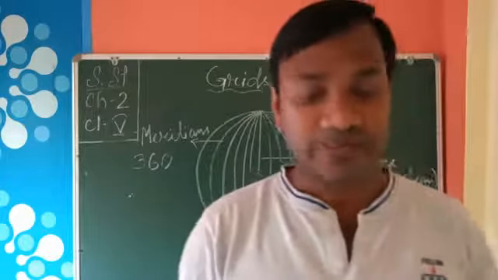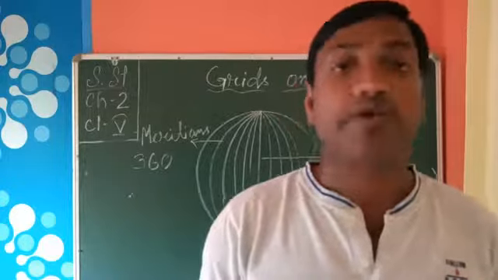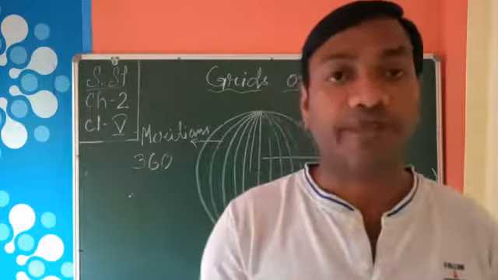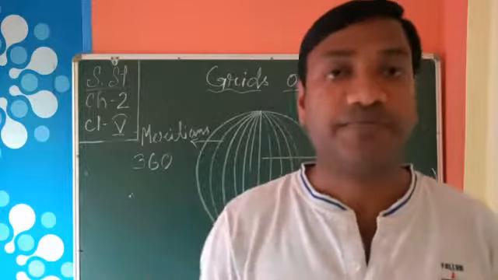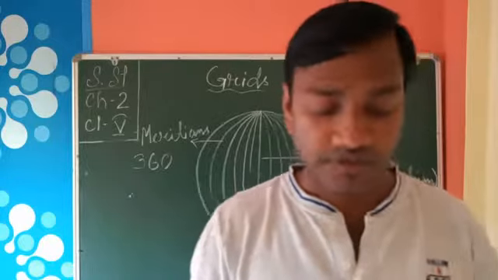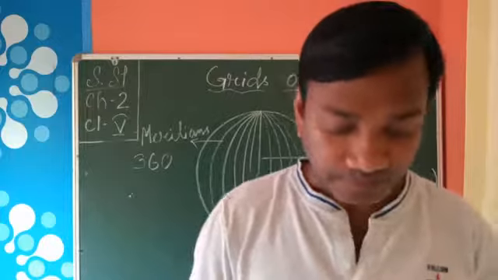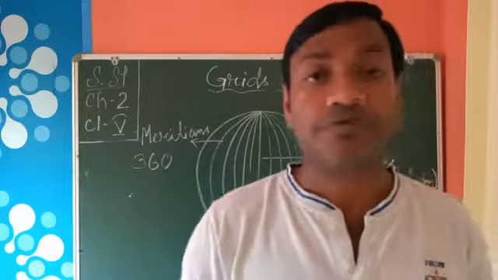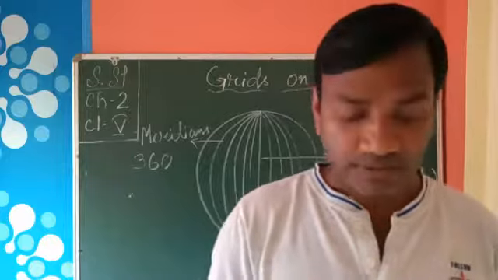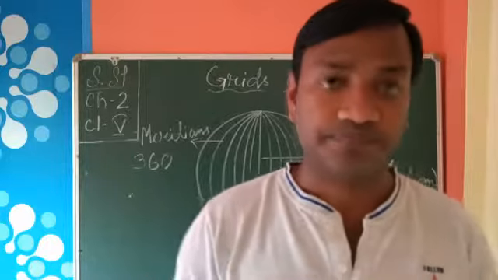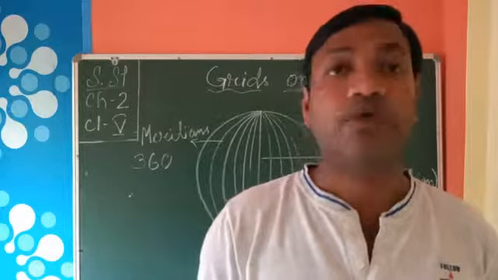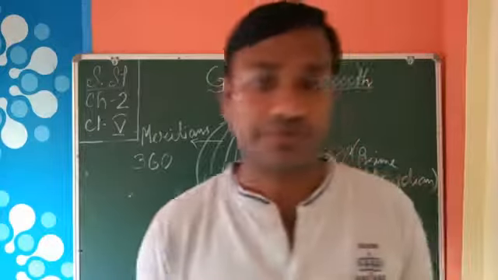And they have names too. 23.5 degree north is the Tropic of Cancer, and if we go south, it is the Tropic of Capricorn. 66.5 degree north is called the Arctic Circle, and in the southern hemisphere, it is called the Antarctic Circle. Up to this much we have discussed, and now we will discuss longitudes.